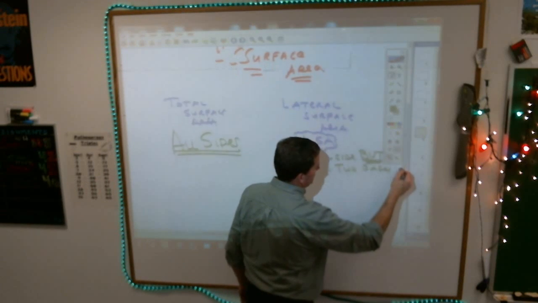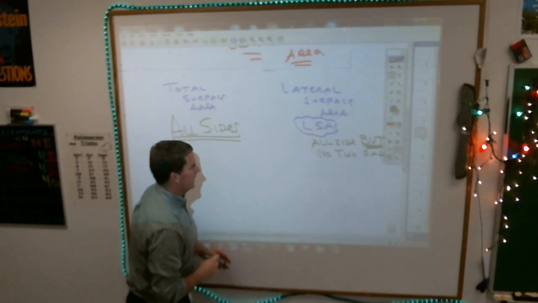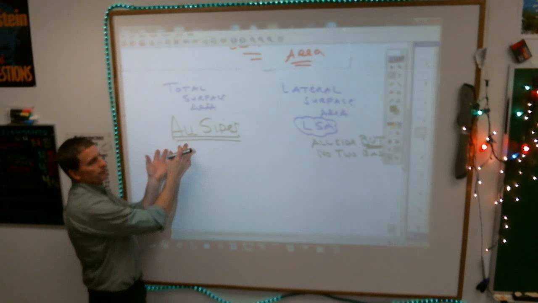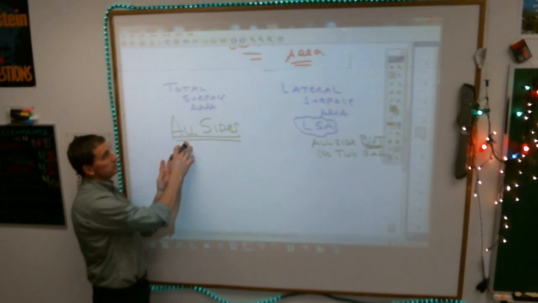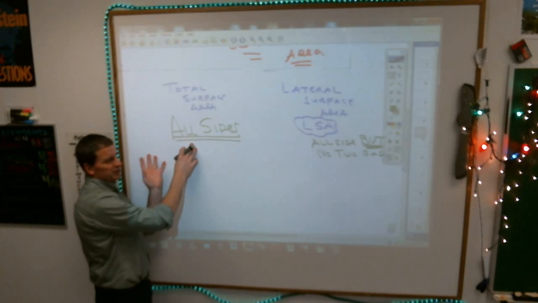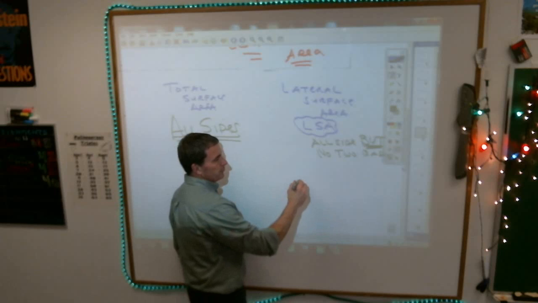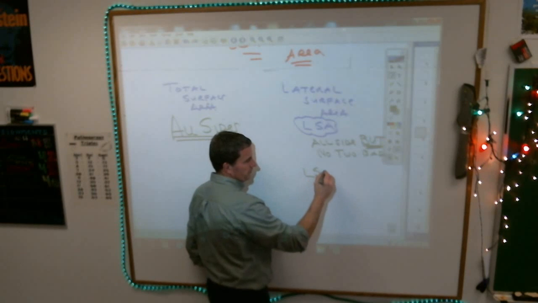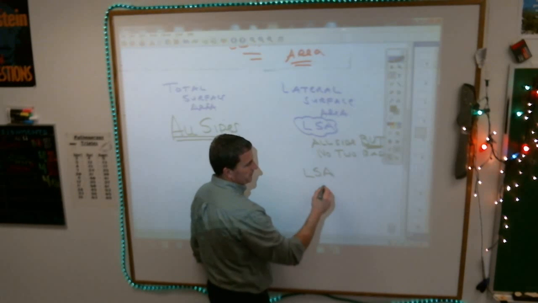Here is something also to keep in mind. There's no easy formula for total surface area. You just have to find the area of all the sides and add them together. There are some shortcuts you can use. But for lateral surface area, there is a formula to simplify your life.